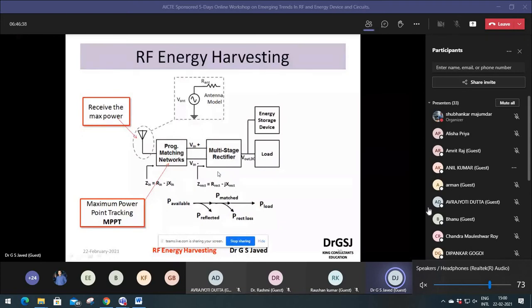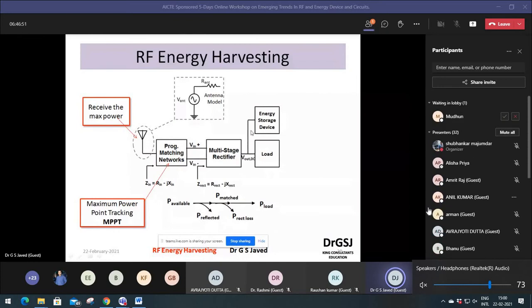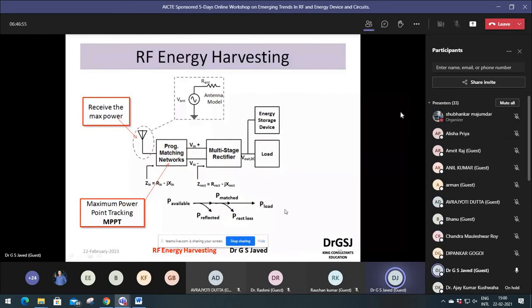Now this final value will get cumulatively present at Vout DC, which acts as the supply or the load current to the end. And when the load is not present, all the energy can be stored in an energy storage device. So this is how the energy gets harvested in an RF system, and you understand where the efficiency is.